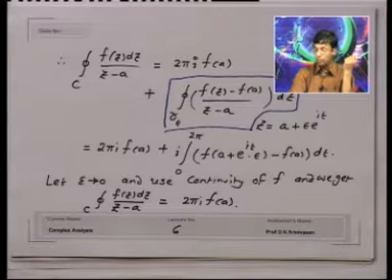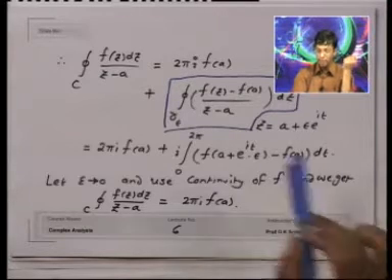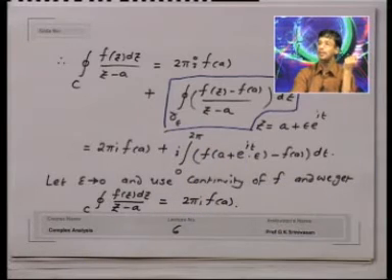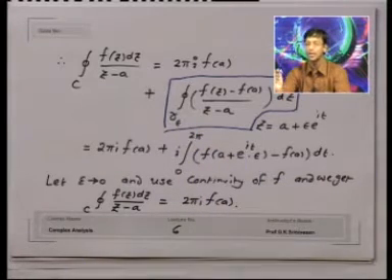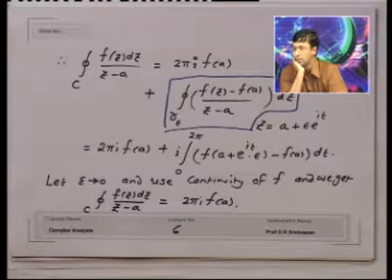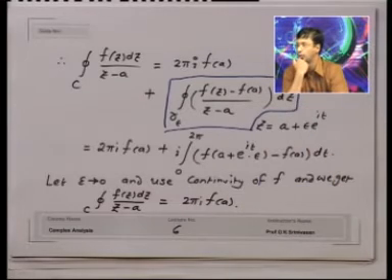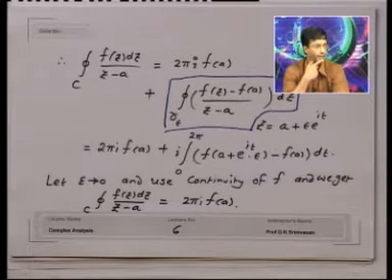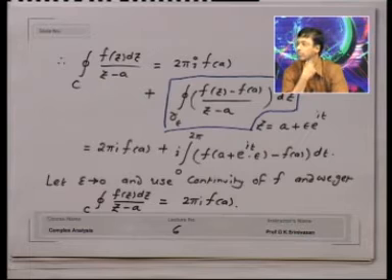Alright. Now to do this effectively, let us parameterize the circle centered at a. How do you parameterize the circle centered at a? It will be a plus epsilon cos t plus i epsilon sin t, right. It will be a1 plus epsilon cos t comma a2 plus epsilon sin t, where a is a1 comma a2, correct.